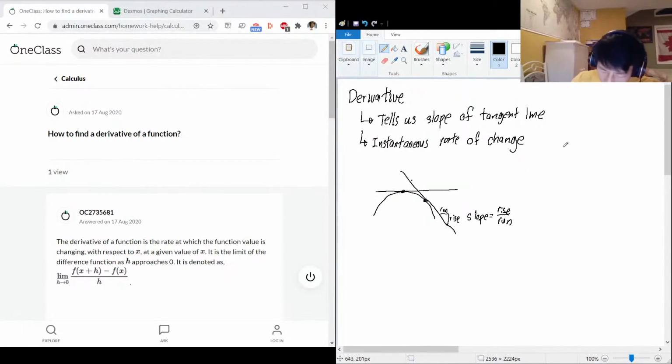Okay, so let's say we have a line here. How would we find the slope of this?